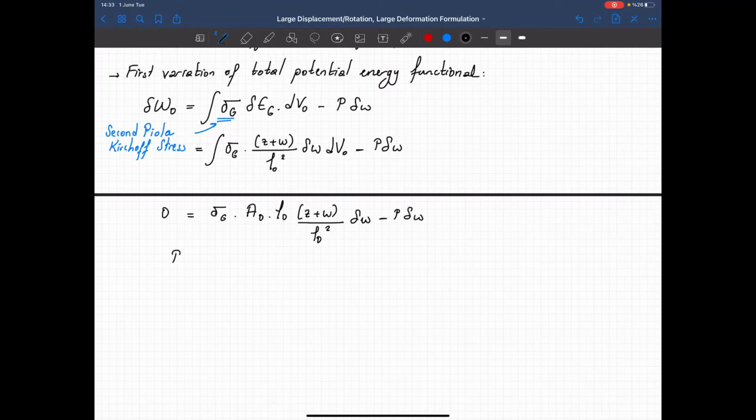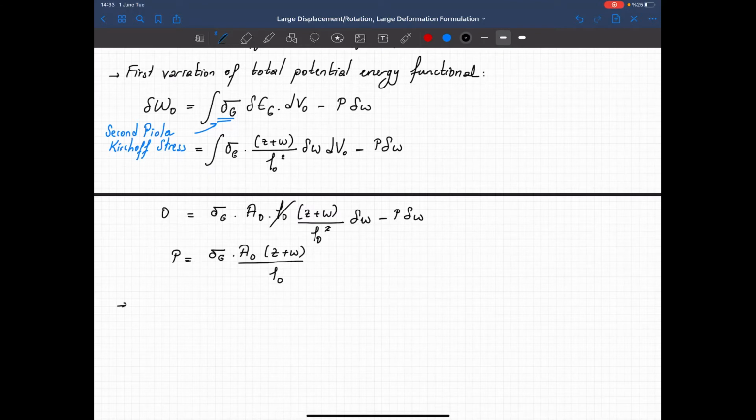Now, if we collect everything, we have P is equal to Green stress multiplied by A0 Z plus W divided by L0. So this still will cancel.